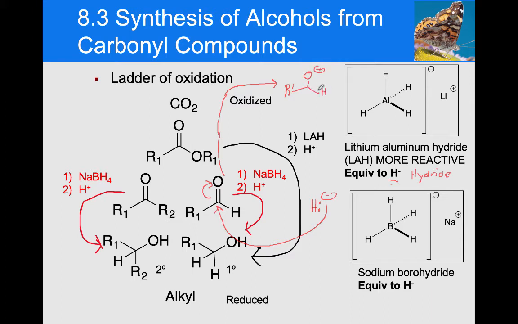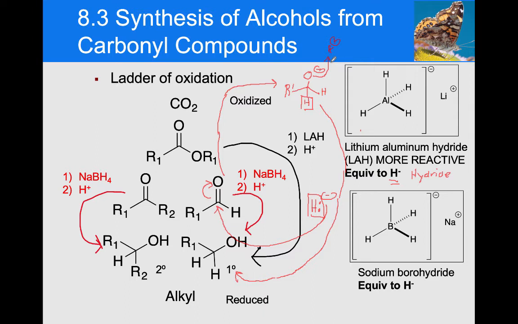There was already a hydrogen there, so I'll put a square around the hydrogen that I'm adding. So that's adding it. And then when I add the H plus, in that next step, the H plus is going to do a proton transfer on the O minus to give you the alcohol, okay?